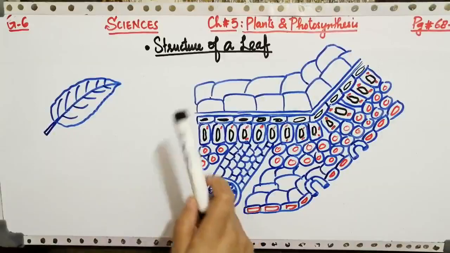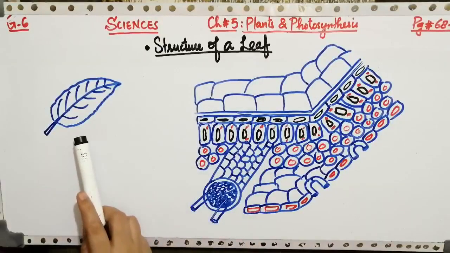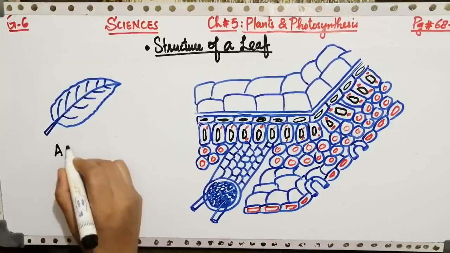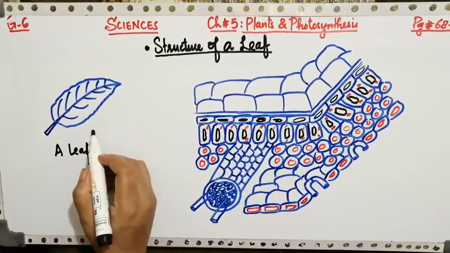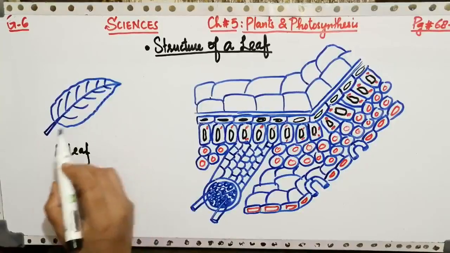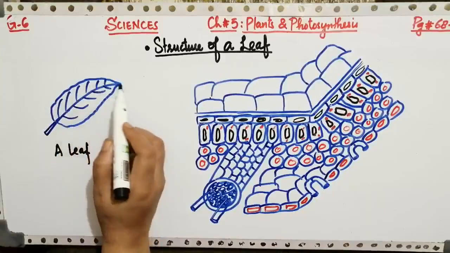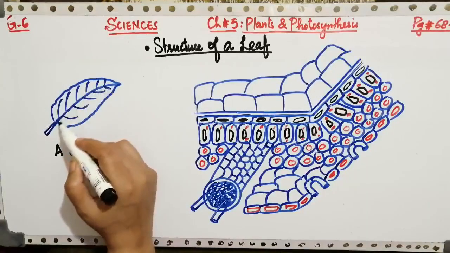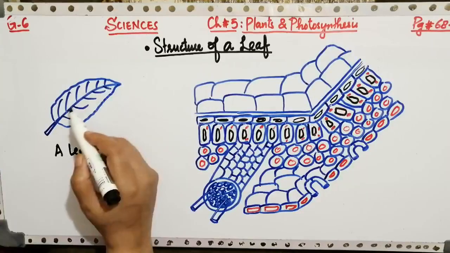The next topic is related to the structure of a leaf, which you are observing here in this first diagram. This is the external structure of a leaf, in which you can observe the leaf stalk called the petiole, the expanded portion of the leaf called the lamina, and the middle rib or central line passing through the center of the leaf, called the midrib.